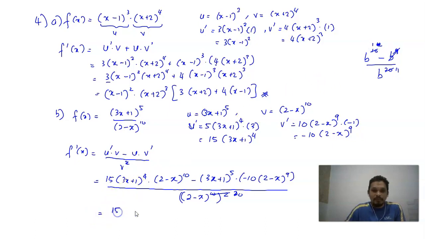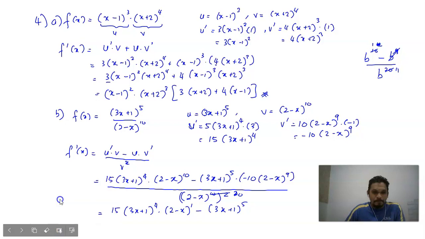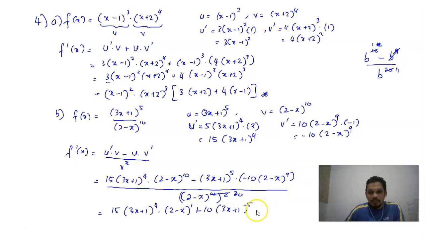So now 15 (3x plus 1) to the power of 4 times (2 minus x) to the power of 1, minus (3x plus 1) to the power of 5, negative times negative is positive, 10 (3x plus 1) to the power of 5, and then this one here, everything being equal, divide by 20 here, so nothing left, and everything divided by (2 minus x) to the power of 11.